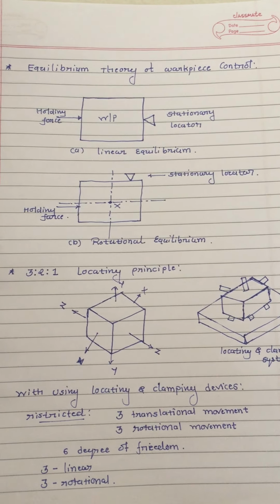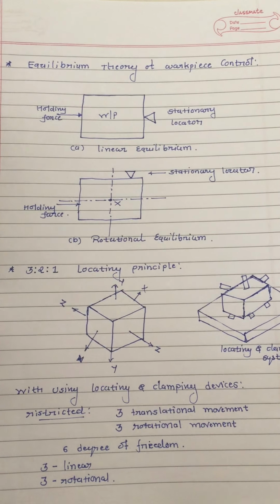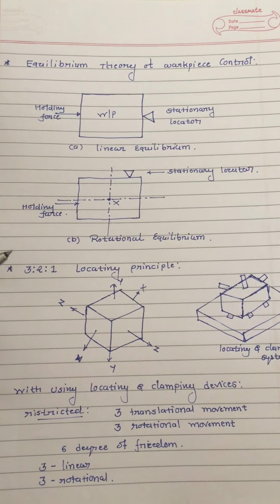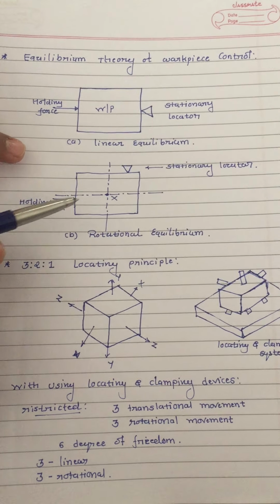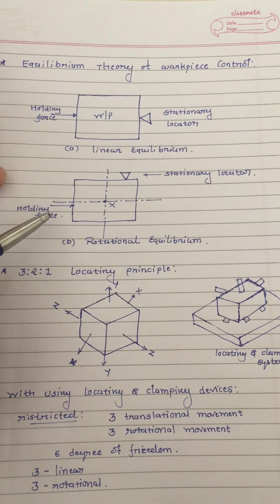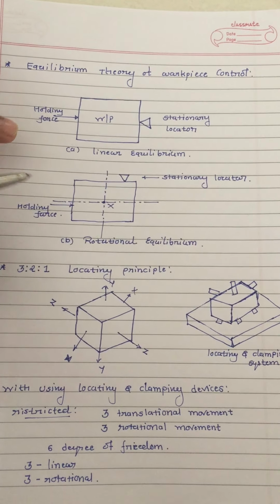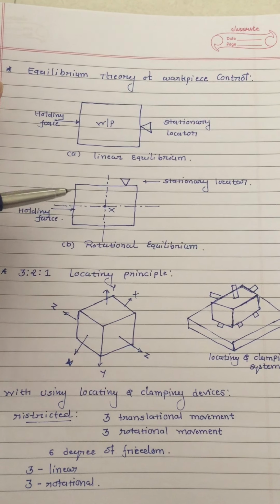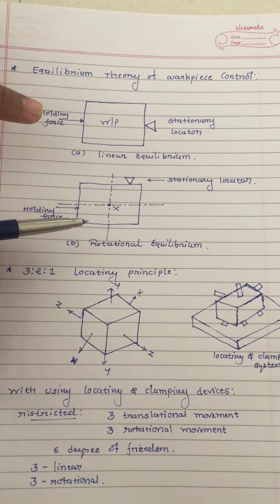Next, we have the second example, where we can restrict the rotational movement of the workpiece. With the holding force applied, there is a possibility of rotation of the workpiece. So with the stationary locators, we can restrict the rotational movement.